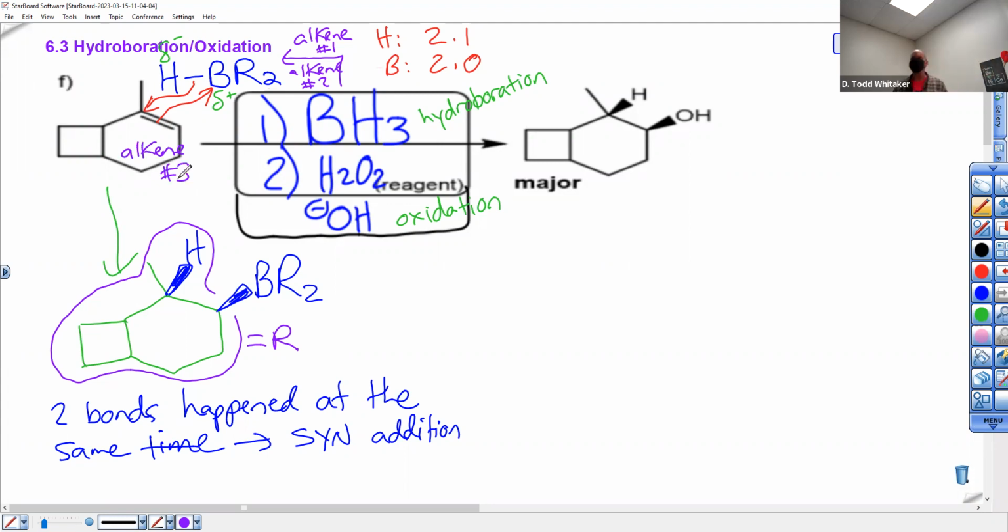And you get 3 identical R groups. Do you agree? This is a trialkylborane. 3 R groups on a boron. Borane was BH3, remember? Oh, it's right. Right? See? Borane.